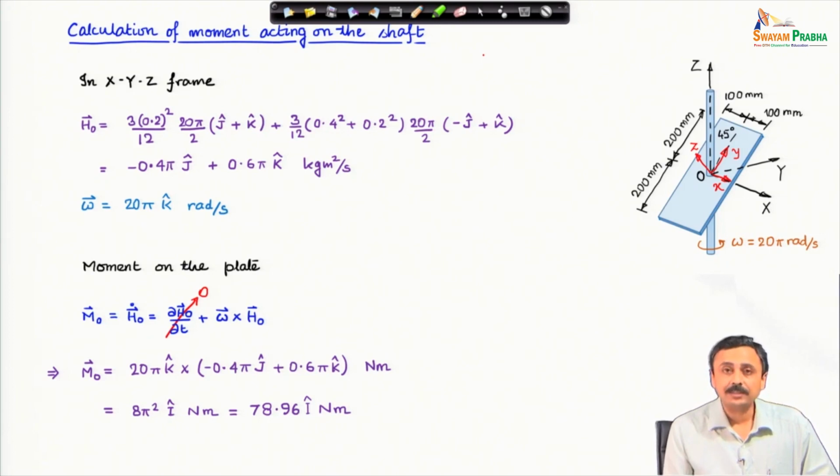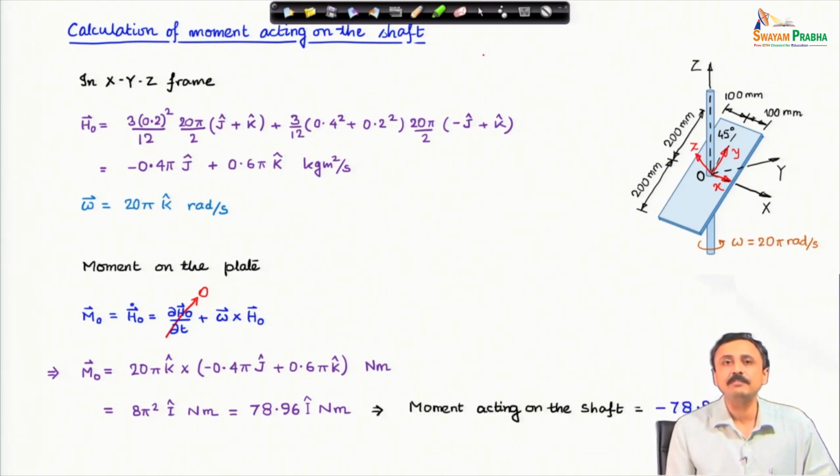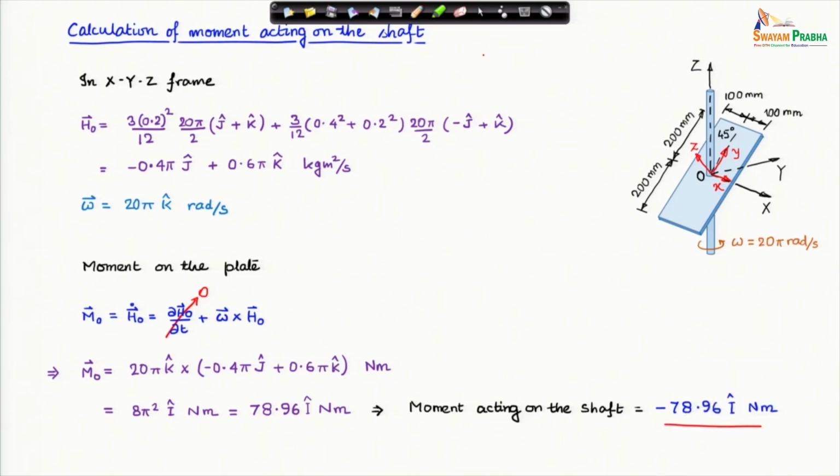Now, this is on the plate, therefore on the shaft it is minus 78.96 I cap newton meter. So, that is the moment generated on the shaft because of the plate aligned like this. Therefore, this will produce a concentrated moment on the shaft.